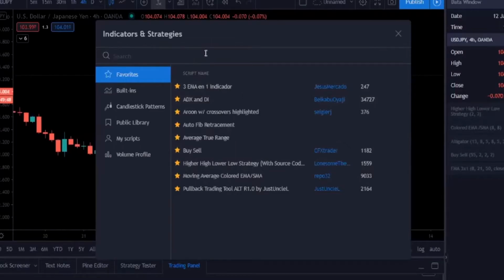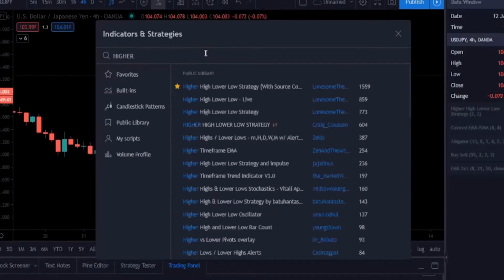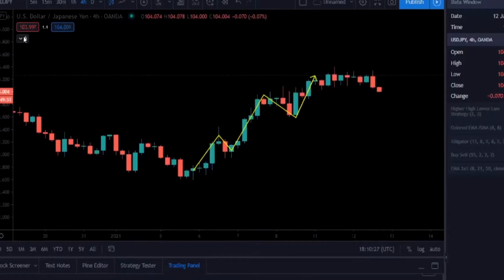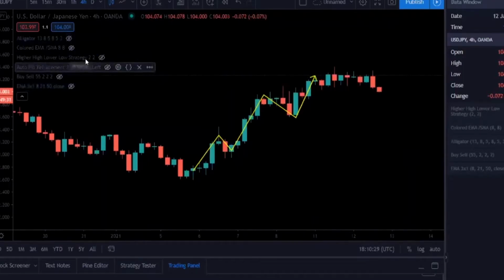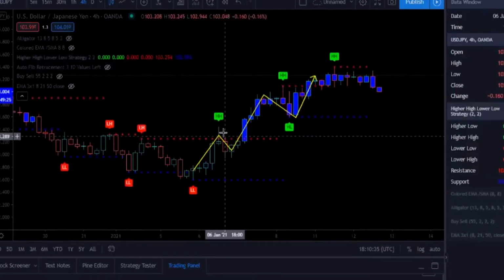If you don't have that indicator, you can simply search higher high, and you'll have different options to choose from. This higher high, lower low strategy is the one that I use. So I'm going to put it on there and see how well I did. I'm putting myself on the spot. Bam.